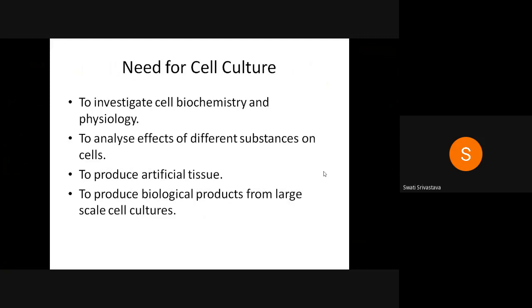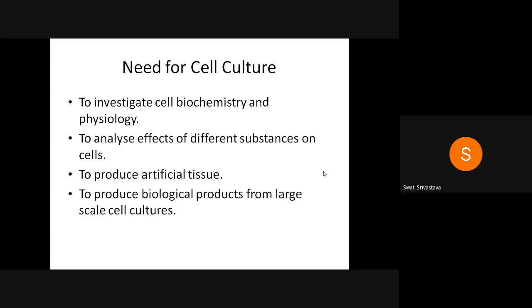Now, when you grow this artificial tissue in some other organism, suppose for human use you are trying to cultivate it, then you may be doing this in some cattle animal or some other kind of animal, and then you will sacrifice that animal, extract the tissue, and transplant it in the human being.